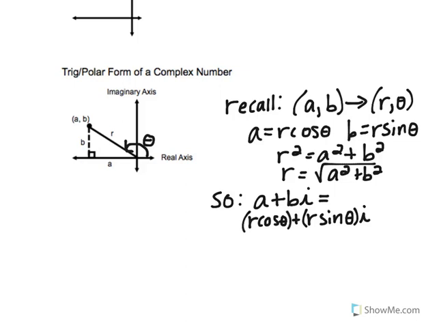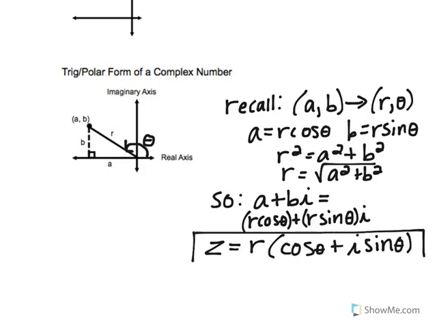Something that you'll notice when we go to do calculations later on is that we'll factor out the r because we can work with those two pieces kind of separately. So I'm just going to show that here. Now this will help us with converting back and forth, which is what we're going to do to wrap up this video before we do another video that talks about the operations we can do by putting these complex numbers in polar form.